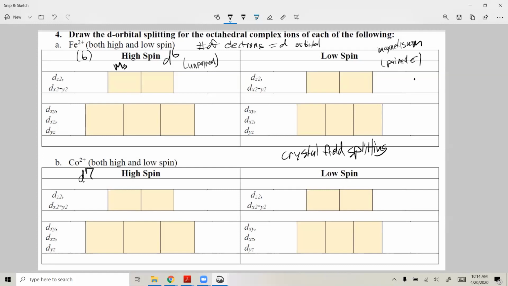Some of them become a lower energy because they don't overlap with those ligands as much. And so that electron-electron repulsion gets adjusted for them. So we have high spin and low spin when we start to attach ligands to these metals. The larger the gap, the lower spin is going to be preferred.